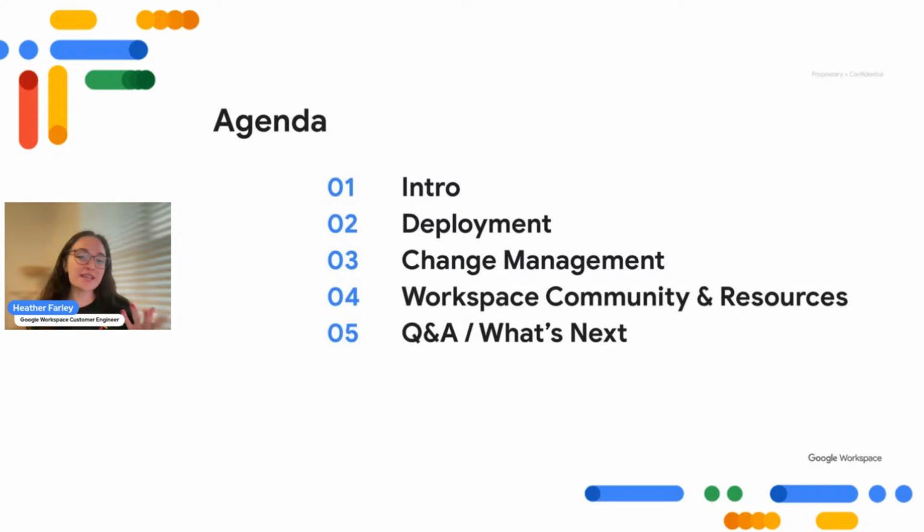So we'll be going through what technical specializations you should have for your organization as you look to deploy Gemini for Google Workspace, as well as going through some labs. Then I'll pass it off to my colleagues to talk about change management, the Workspace community and resources. And then, of course, my favorite part, we'll have time for Q&A.